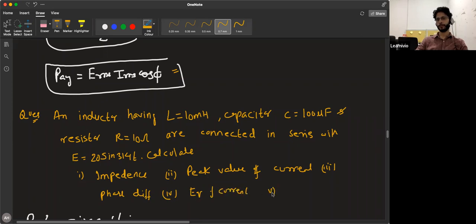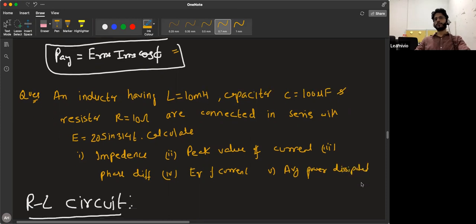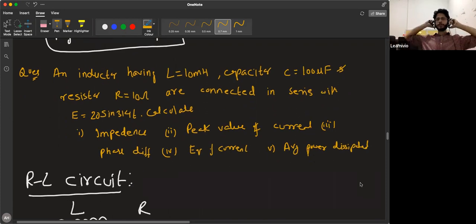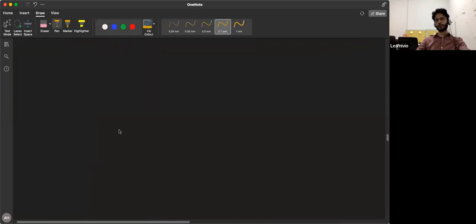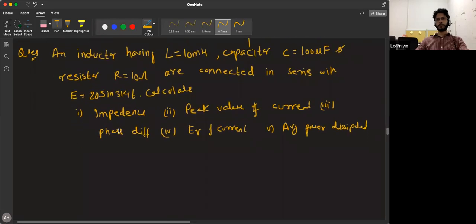Fifth part, average power. Note down the question and please start doing your calculations and write your answer in chat. You can discuss with me if you have any doubts in any part.